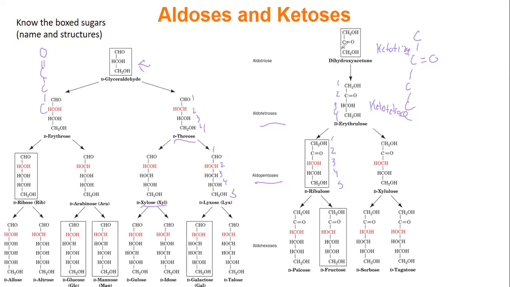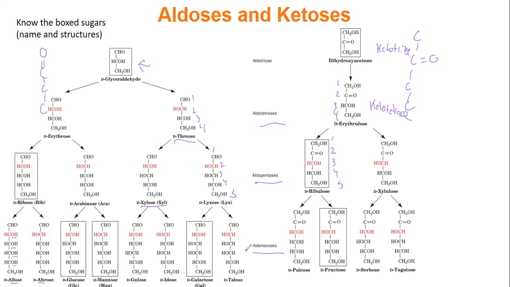So let me talk about the differences in these sugars. For these different sugars, all that's different is the position of their OHs. So that's a good way to memorize these. If you want to memorize that glucose is an aldohexose, you already have part of the structure.